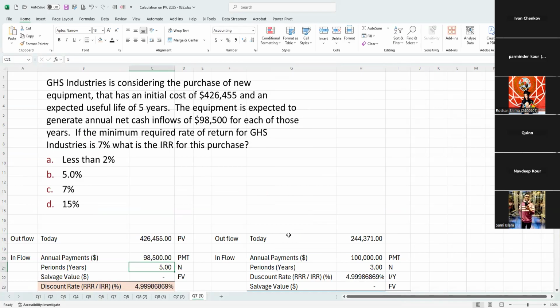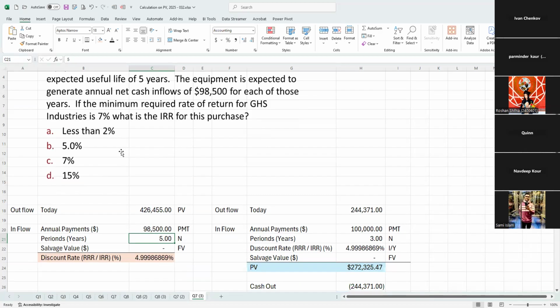If the company requires 7%, will we accept this project? That's what the question is. Shall we accept this project?